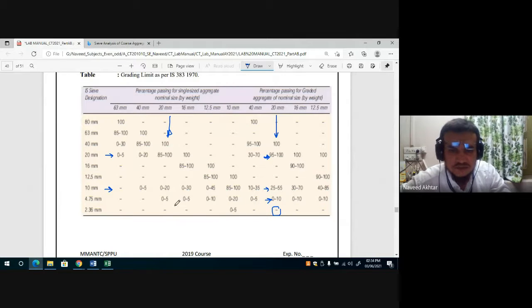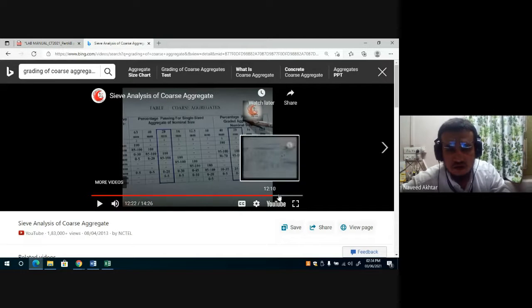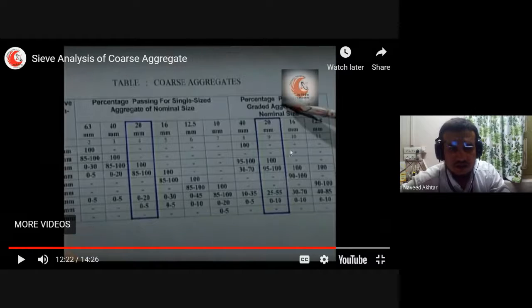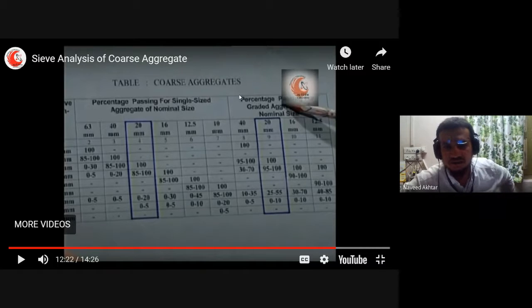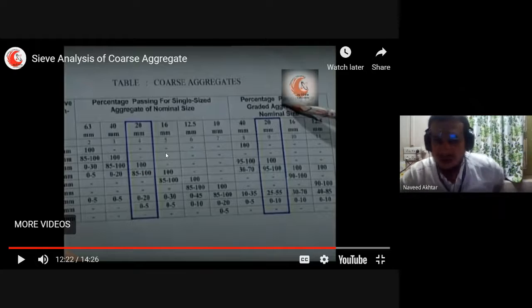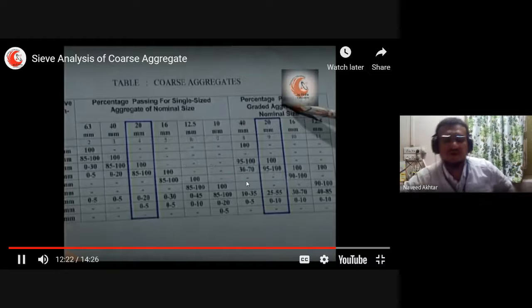The different values are given. Based on these values you can say whether it is single size or graded aggregate. This column is given by IS 383 1970. So based on this column you will compare your percentage passing, and that will tell you whether it is graded aggregate or single size aggregate.